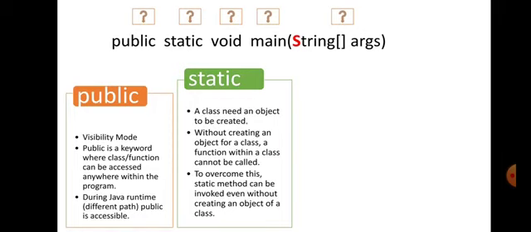To overcome this, a static method can be invoked even without creating an object of a class. That is the main reason why static is mentioned as the second keyword in the method, so that you don't have to create an object for that particular class. Hope this is understood. Now you have understood what is public, what is private, what is static as well.